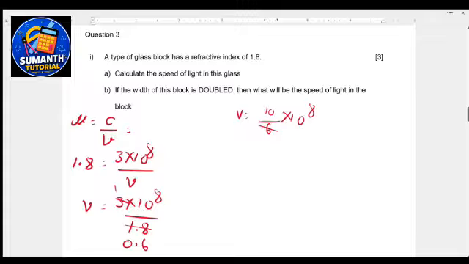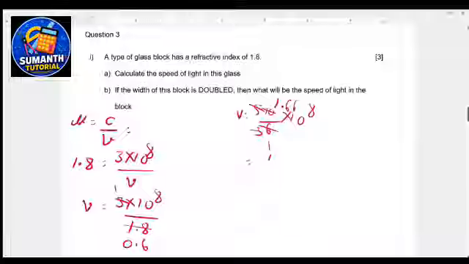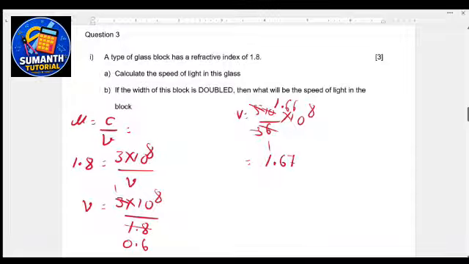So the value comes to 1.67 into 10 raised to 8 meter per second.